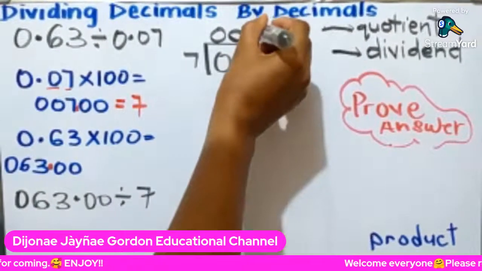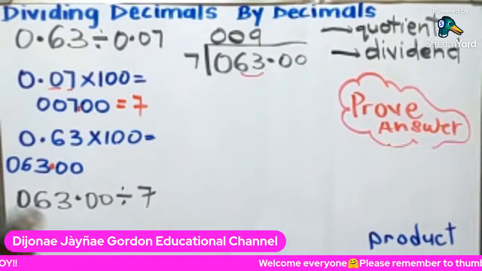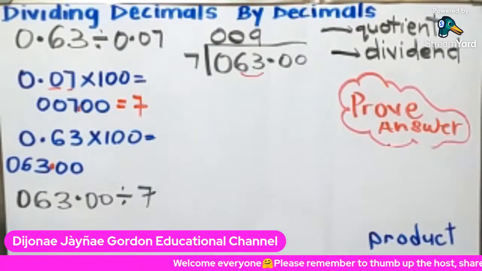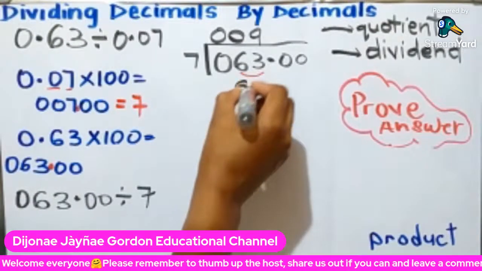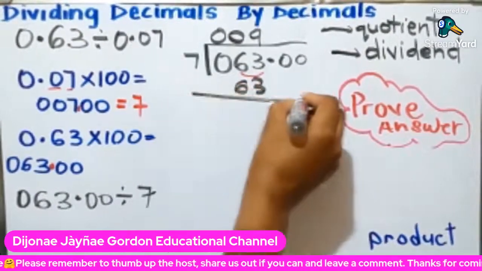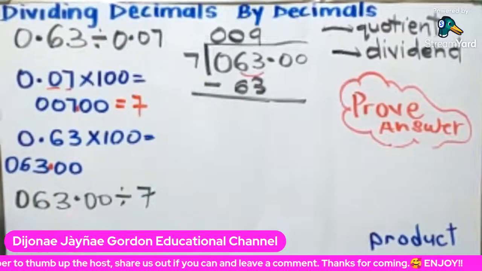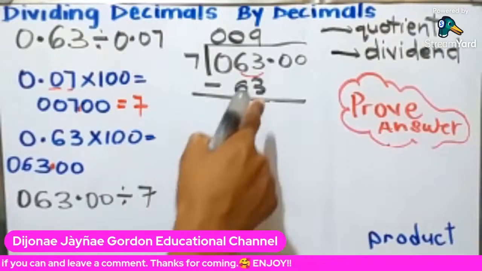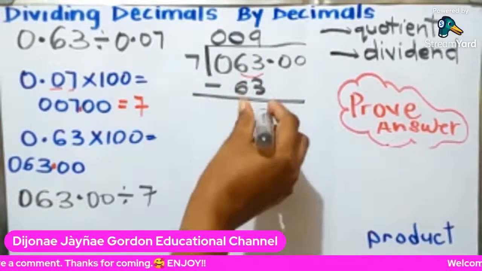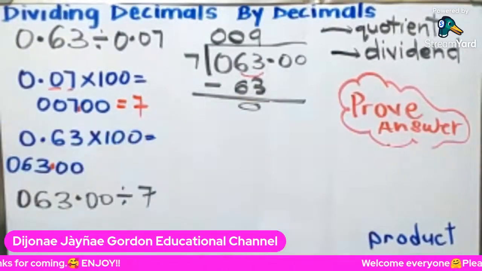So I'm going to put my 9 right there. And now you're going to multiply 9 by 7 or 7 by 9. You are going to get 63. Look where I'm putting my 63. Draw my line. And of course, I'm going to take away. So now I have 63 and I give away all 63. I'm going to have 0 left.